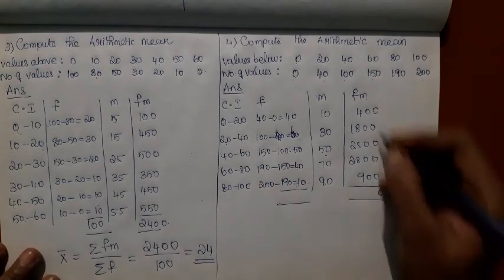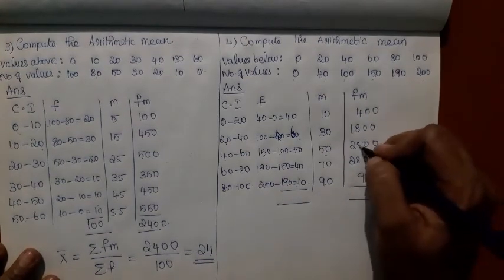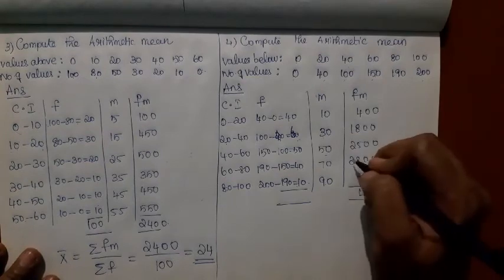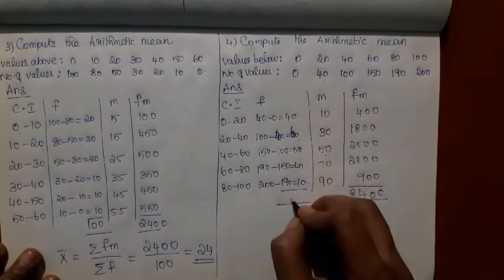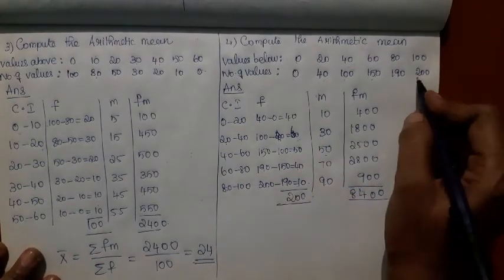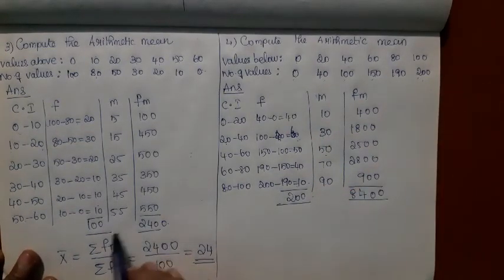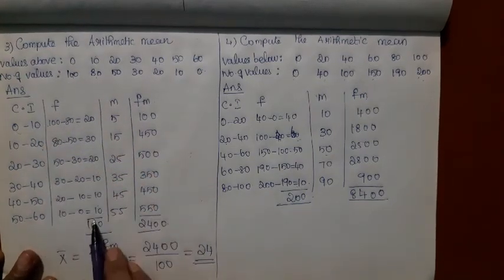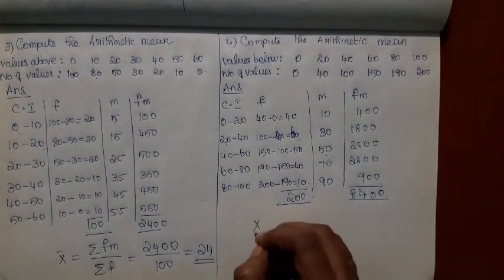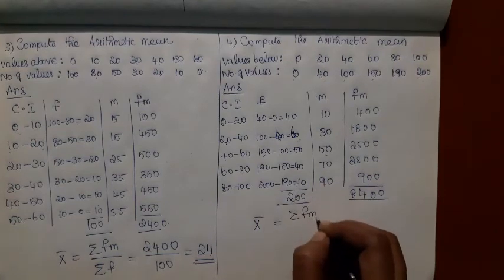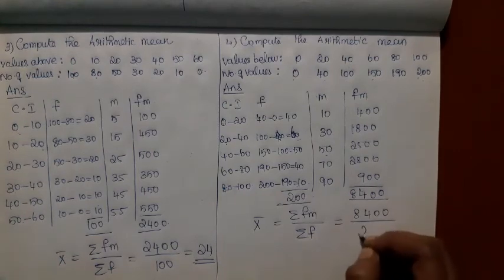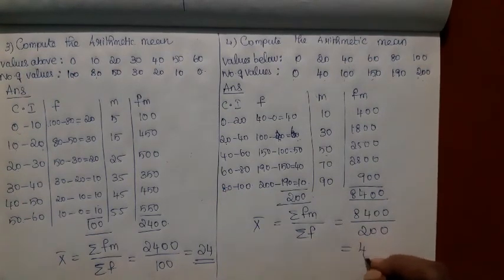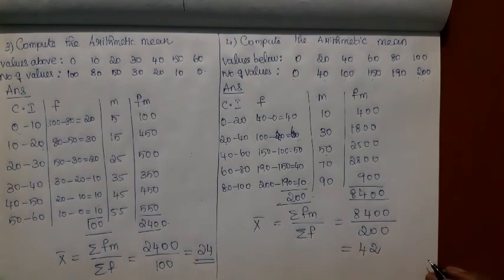So if you add, you get 200 here. It should be 200, right? And here the total should be 100. That way you can check. So your x bar is summation fm by summation f, 8400 divided by 200. So it is 42. Fine? 42 when you divide.